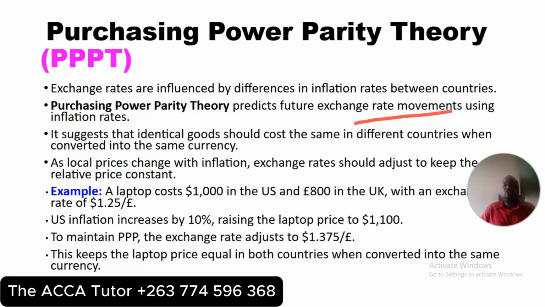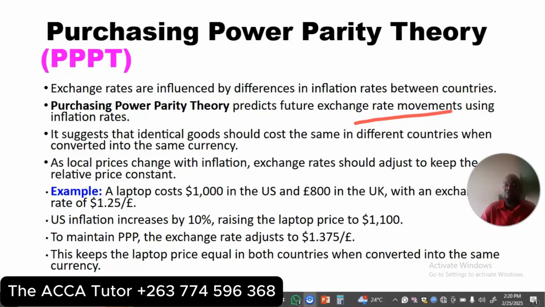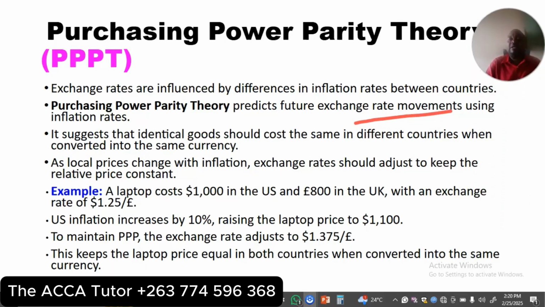Okay, so as local prices change with inflation, exchange rates should adjust to keep the relative price constant. So the idea in having the exchange rate movement is to enable the prices of commodities or affected commodities to remain constant in purchasing power or purchasing value terms.